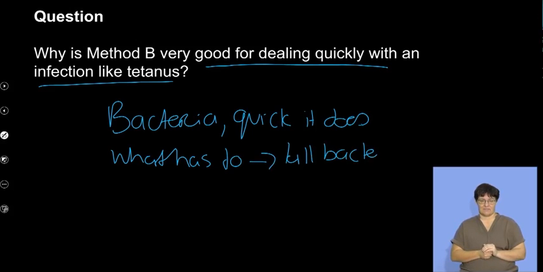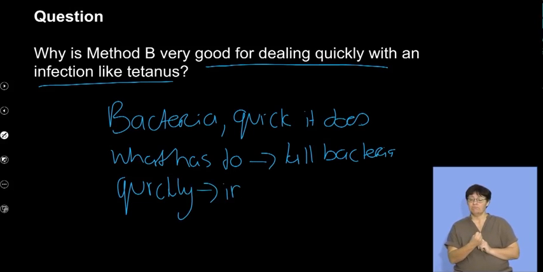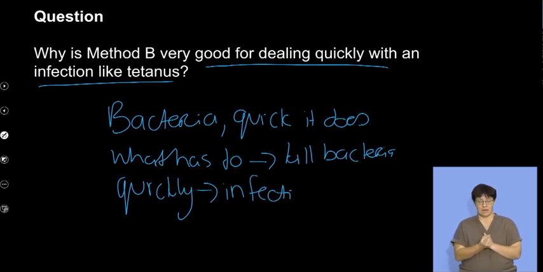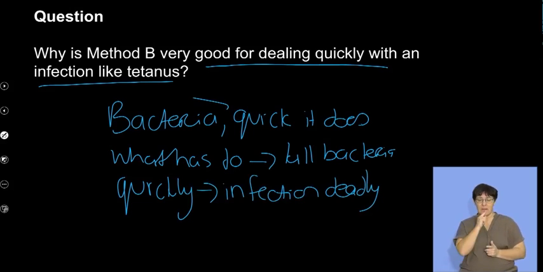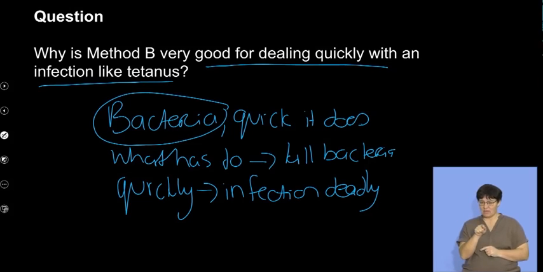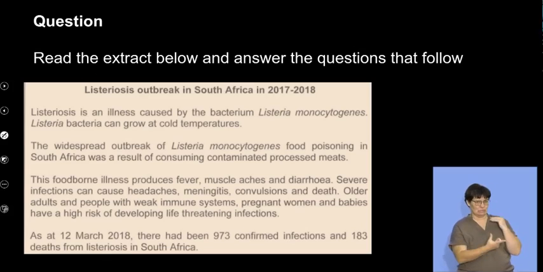We want that to happen quickly, because with tetanus, if we get infected, the infection could be deadly. So remember, bacteria we can deal with. It's living. We can get rid of it. A virus, we have to come up with a whole different kind of question.